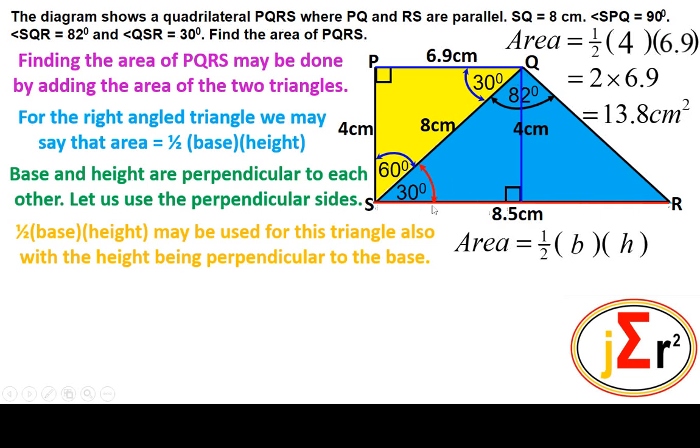The height must be perpendicular to the base, and it has to go from the base to the other vertex of the triangle. As long as those two properties are met, then we have our height that we can use to say the area of the triangle is half base times height. The base, no doubt, is our 8.5 centimeters, and the height is 4 centimeters.